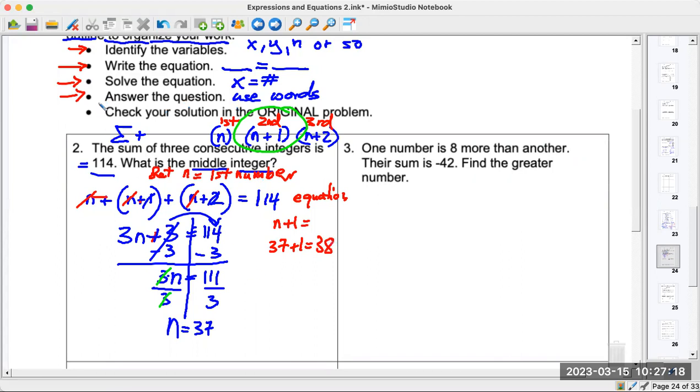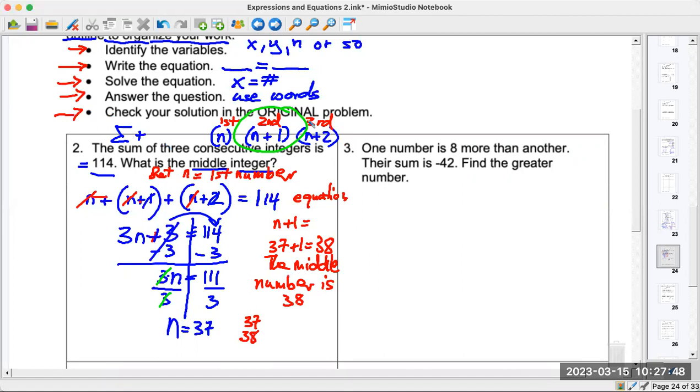And then we're going to answer the question. The middle number is 38. And now we're going to check. I have to find the first number, which is 37. So n is 37 plus 38.